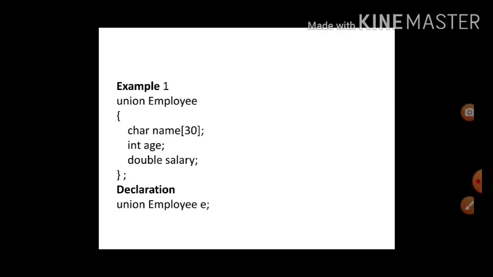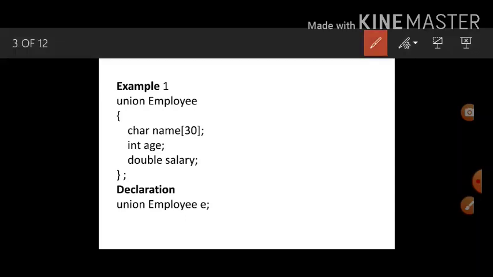Now, how do we declare the union? Inside your program, you need to write union employee, because that is the name of our union. This is the data type we created. So, of this data type, the variable name is E or EMP, any other variable name you would like to give.